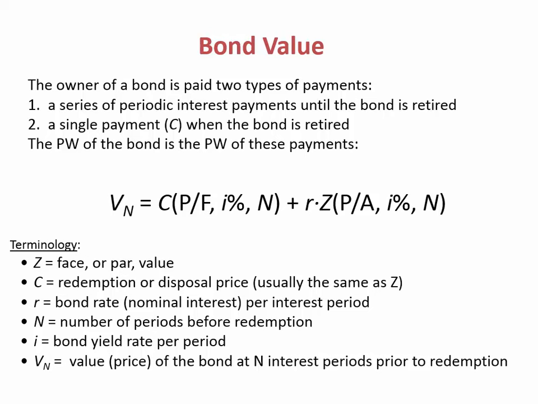So oftentimes what we're trying to find is the bond yield rate, and there's two different interest rates. There's the interest rate that the company promises to pay, and then there is the yield rate, which varies depending on how much you paid for a bond. Because let's say, for instance, that right now interest rates are high.